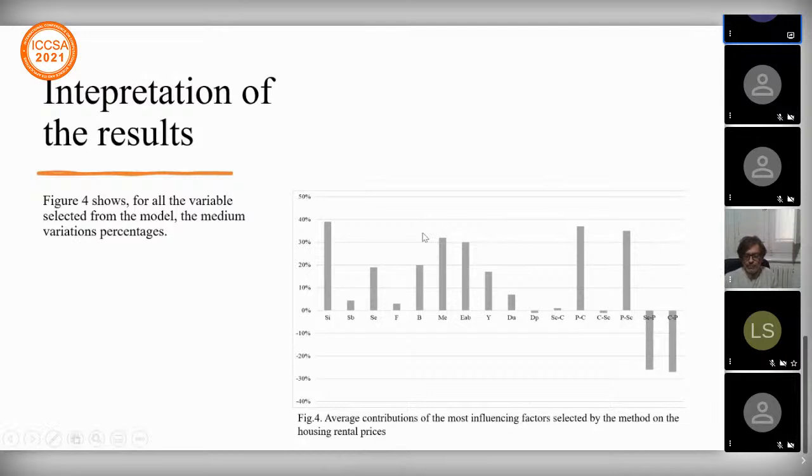So here there's the average contribution from the most influencing factors, and we can see that the surface is very, very important, and also the state of maintenance of the rented houses.